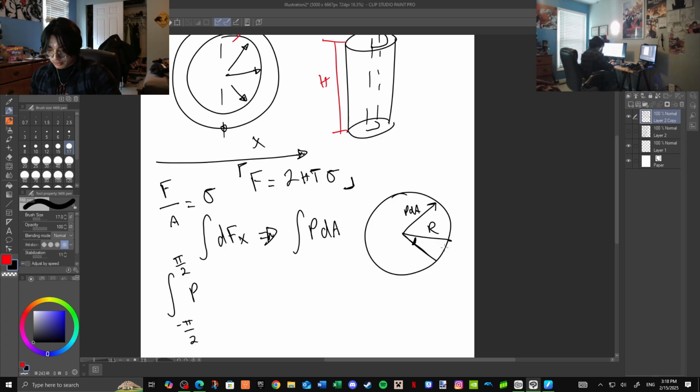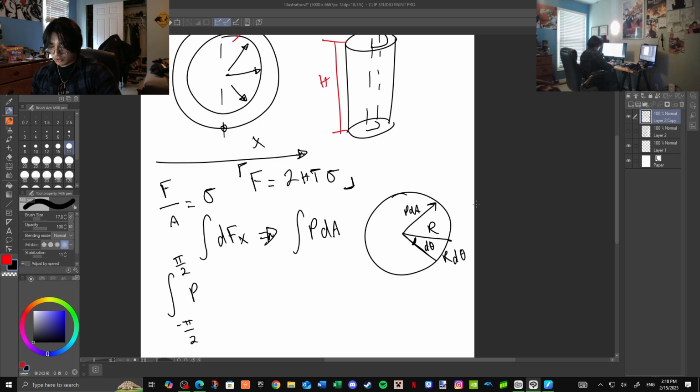First of all, this is d theta, the small angle we're taking at each individual point. We find the arc length by using d theta times r. This would be the arc length.